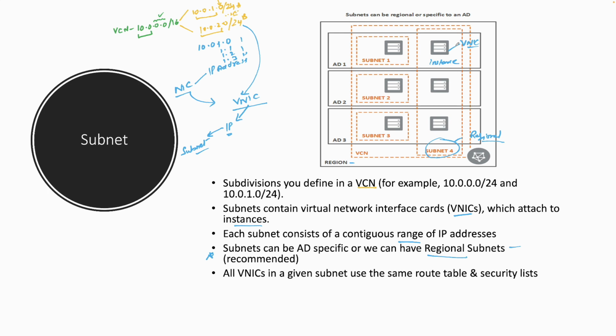And all VNICs in a given subnet use the same routing table and security list. Another quite important point, right? So if I talk about the VNICs in a given subnet, like VNIC 1, VNIC 2, VNIC 3, they all will be using the same routing table and security list. That is why Oracle gave us the concept of network security groups.